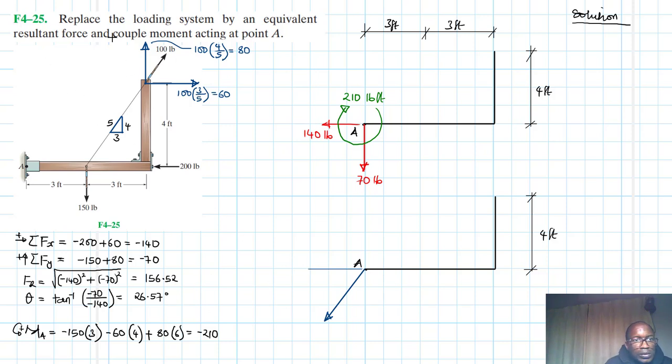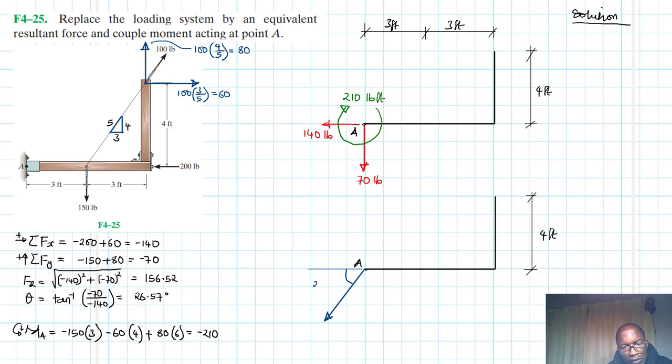So and then here we have the angle. This is the angle that we found, right?